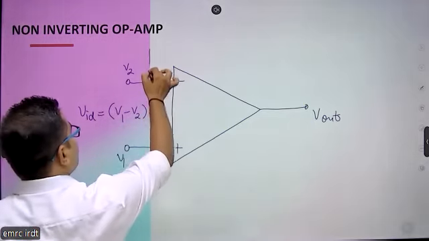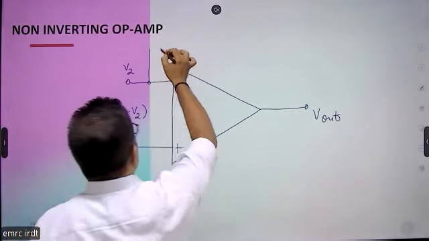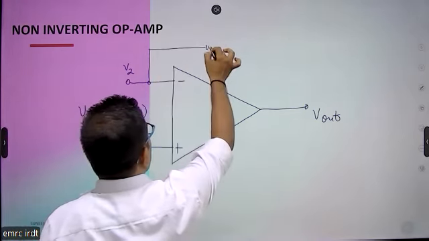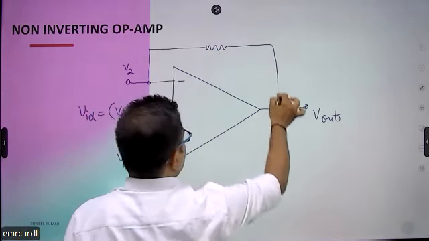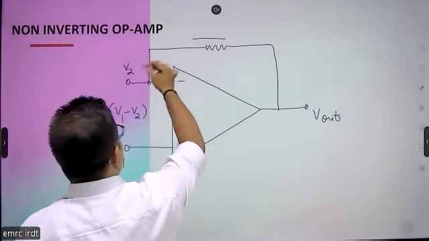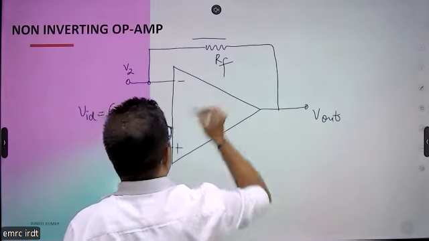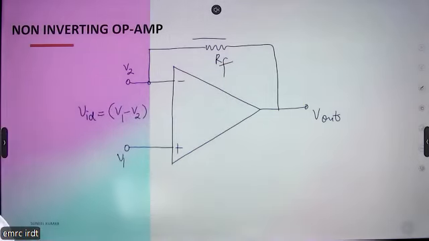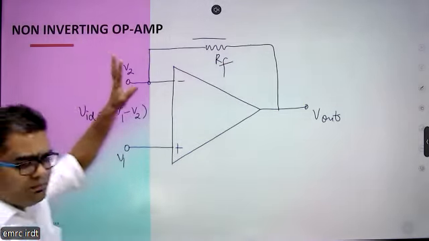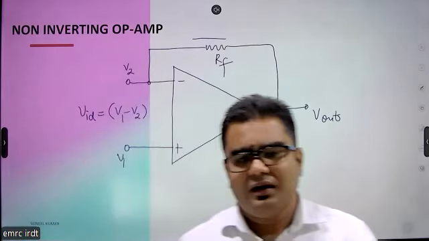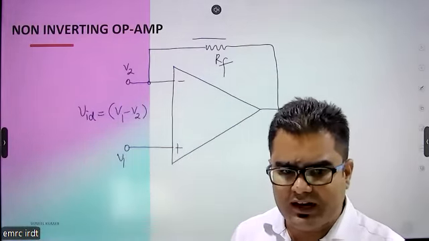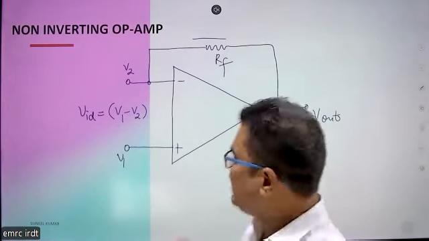And we are connecting this inverting terminal to output. Basically output is feedback to the inverting terminal through a resistance RF. This is RF. And since this is the non-inverting amplifier, we have to connect input voltage at non-inverting terminal.